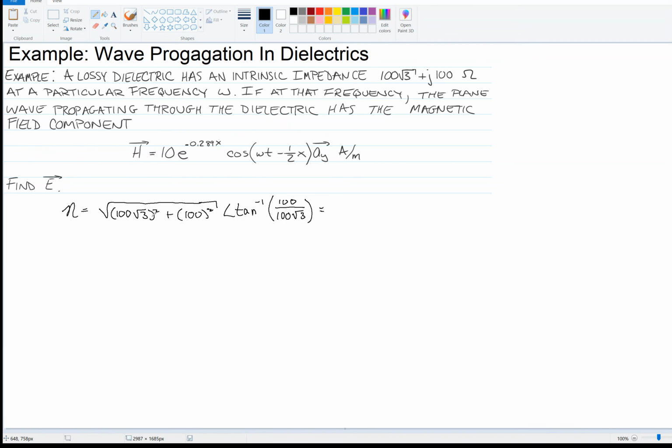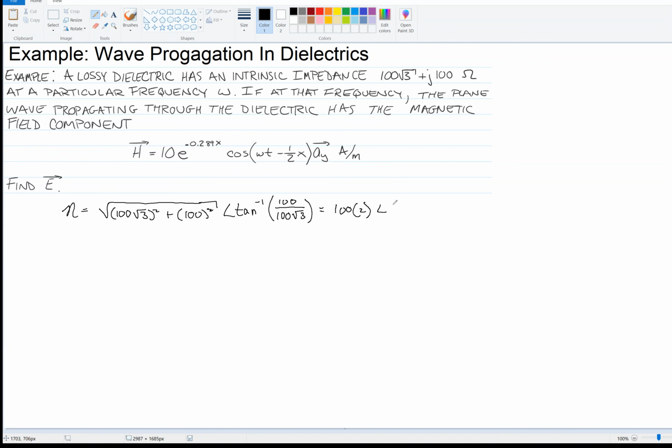Notice that I have a 100 squared in each term, and the square root of that is just 100, so 100 can come out. Then I have the square root of 3 squared, which is 3, and a 1 left over, so that's 4. The square root of 4 is 2, so that makes 200.